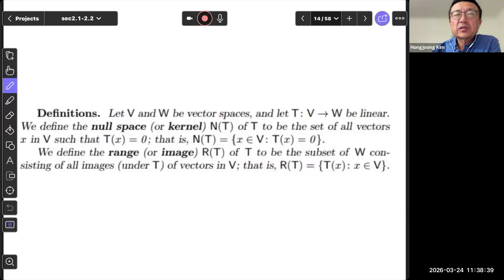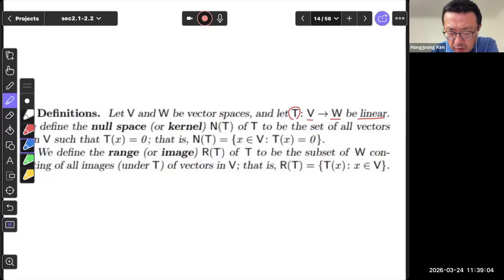Now, given a linear transformation, so T is a linear transformation from one vector space, say V, to another vector space W. Given this linear transformation, I want to define two sets. One is the null space.